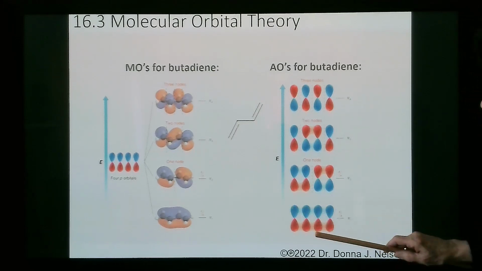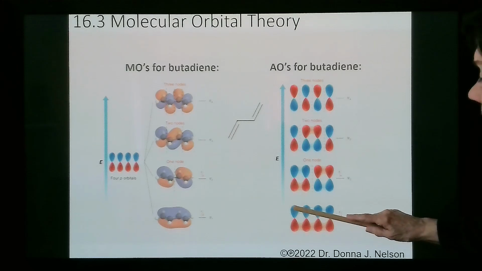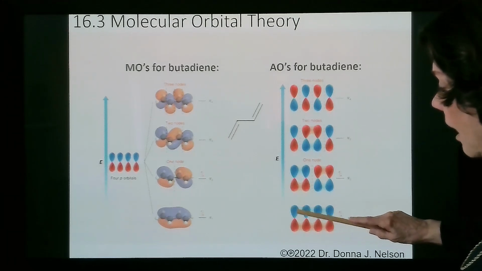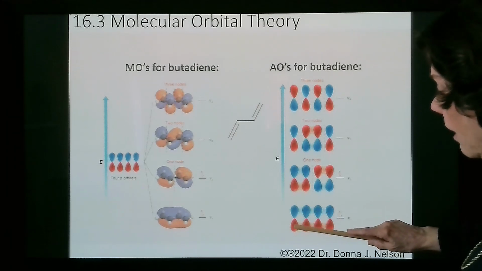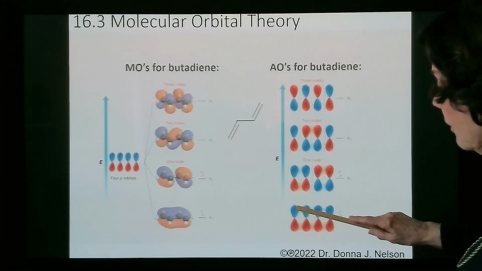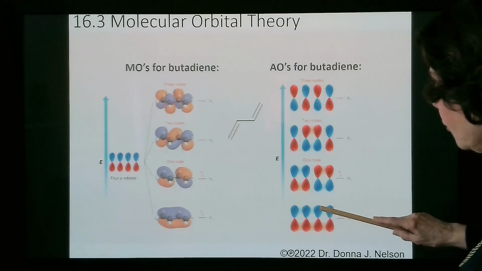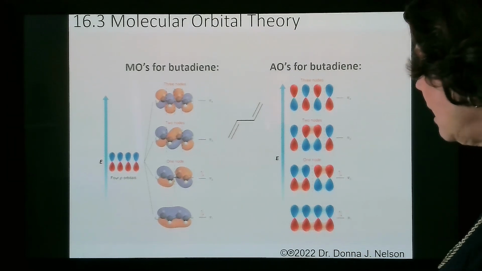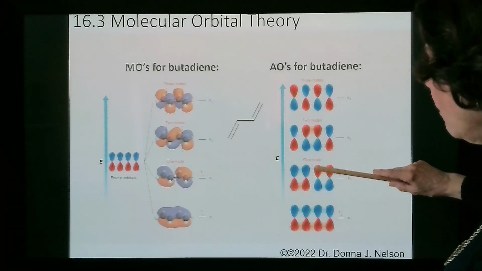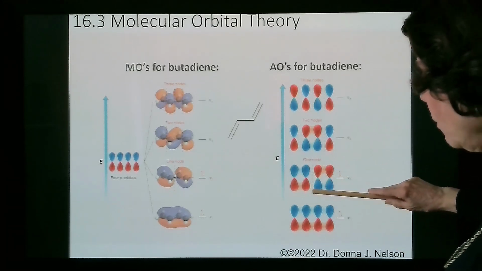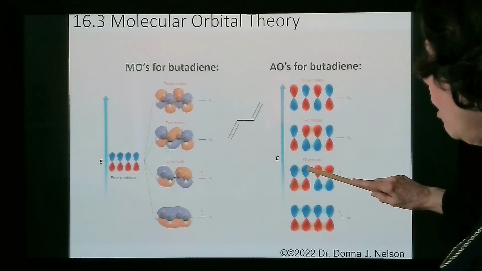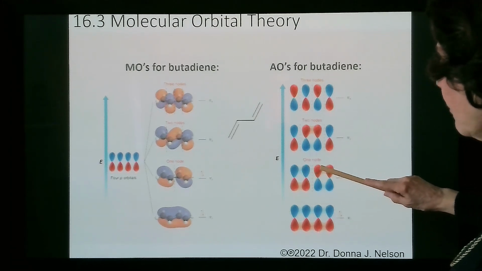You can see the phase, or the signs of the two lobes. Up here we're using a blue lobe and a red lobe, so you can see there's overlap across all of the blue lobes and overlap across all of the red lobes. Now, when we have a node in between, you can see that there is no overlap between the blue lobe and the red lobe.